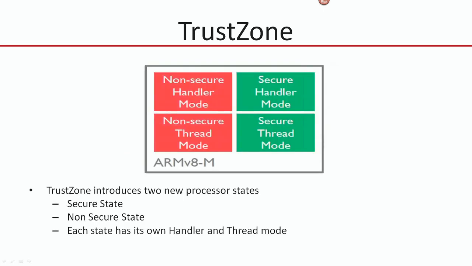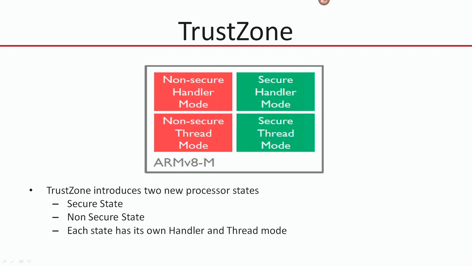So we have a new memory or operating model. Like the original Cortex-M processors, we have two different operating modes, a background thread mode and an interrupt handler mode. But now we have two different operating states, a non-secure mode and a secure mode.